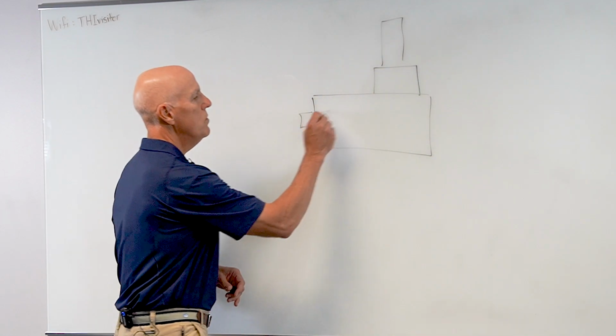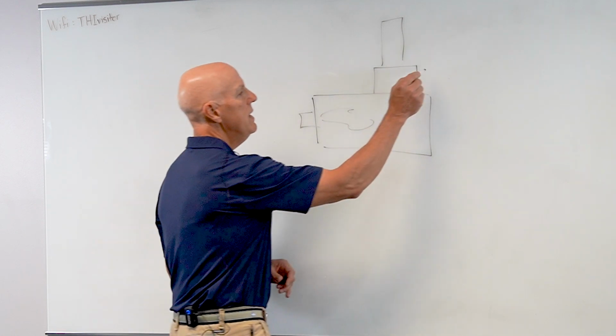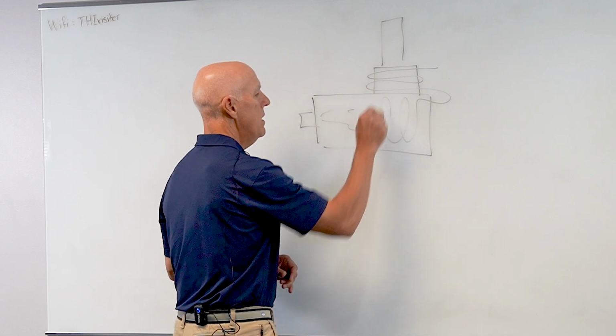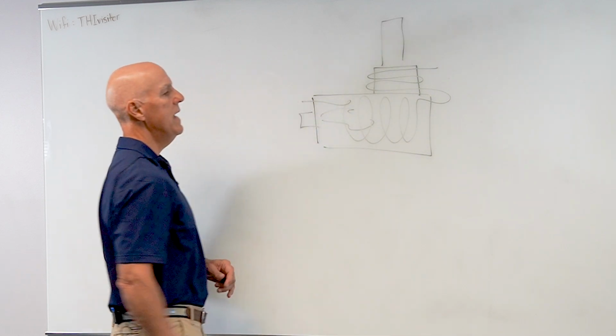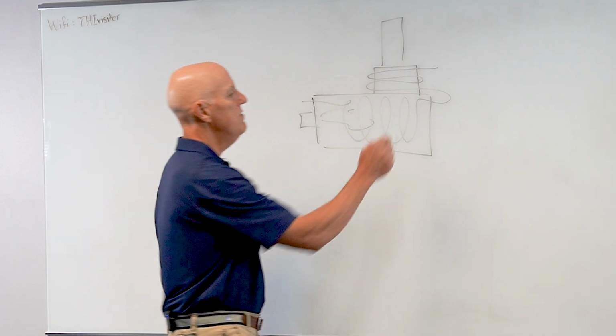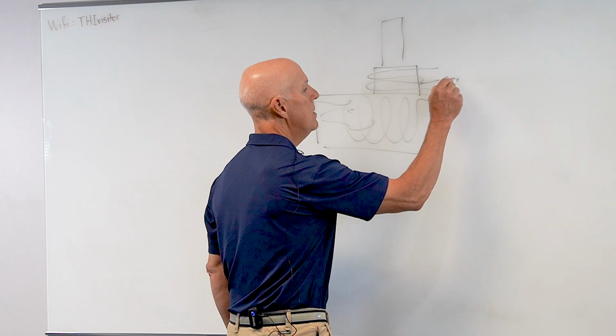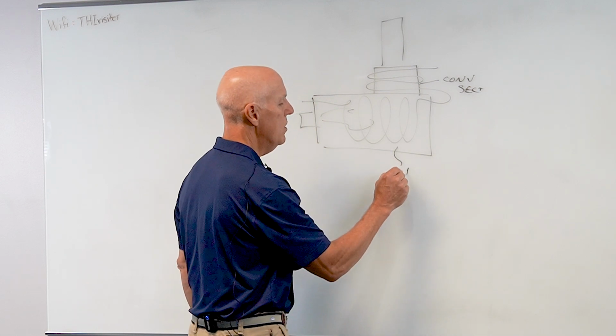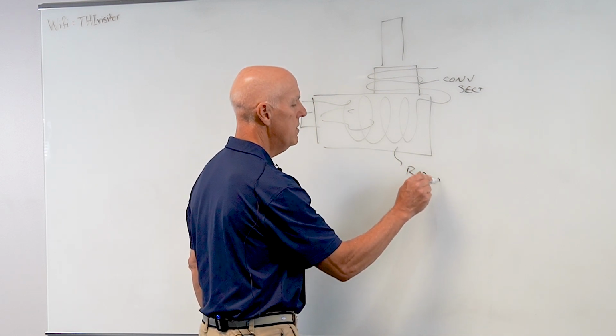Okay, so if this is the burner, and then a heater, of course, has a coil in it, and our heater looks something like that. So it's got a convection section here, and then what we call a radiant section here.